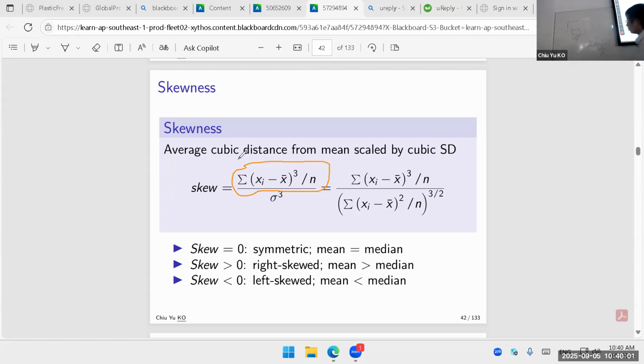So what I'm trying to say is this. Suppose this is your data, and suppose this is the mean. You have some more data here, and one data here. But do note that the mean is located such that the distance to the left is the same as the distance to the right. But there can be some data here, and a bunch of data here, a lot of data here.